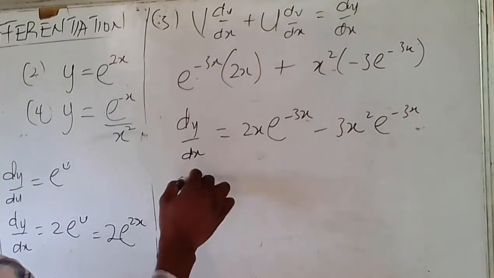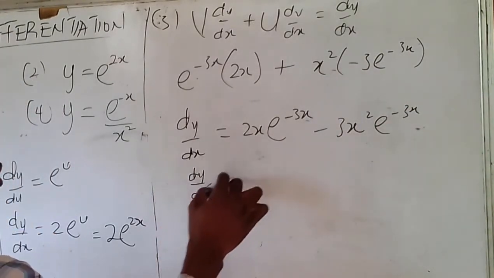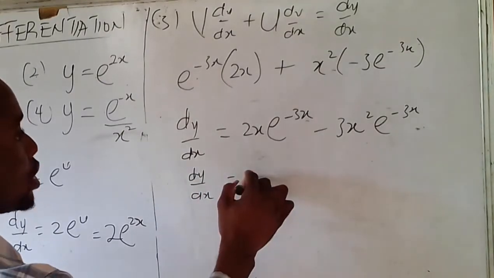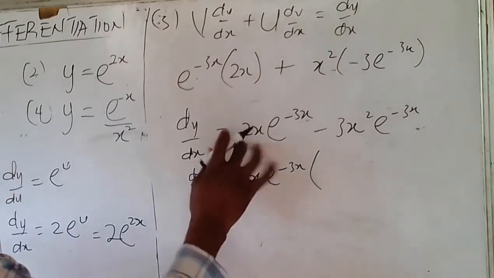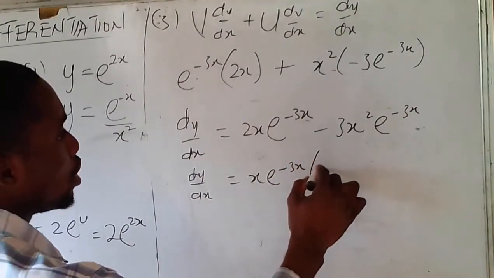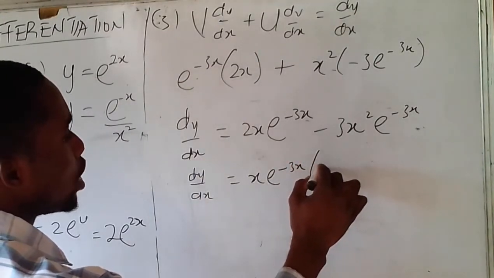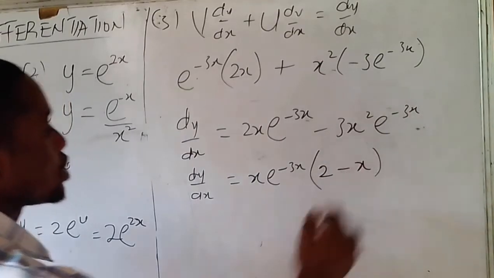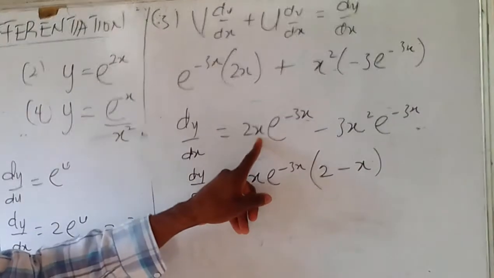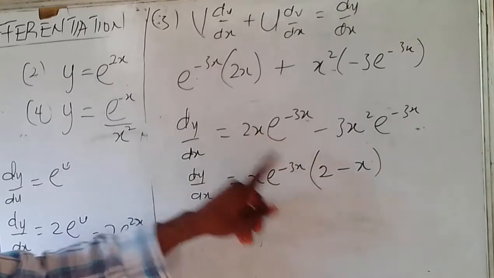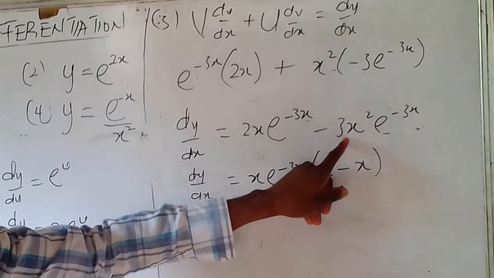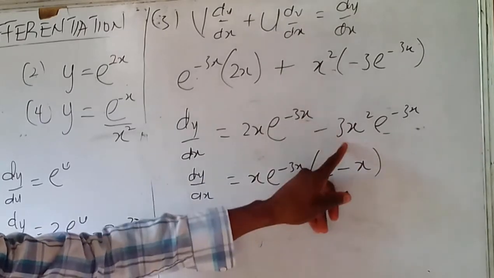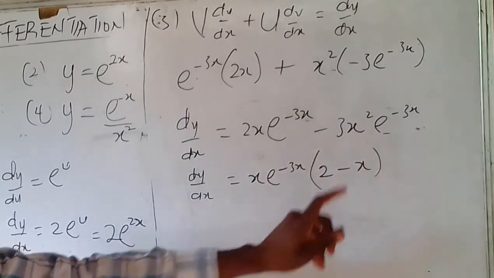In which case, dy/dx is equal to, you can bring x exponential minus 3x out, as something that is common. What remains? 2 minus, when you bring x exponential minus 3x out here, it means 2. You bring x exponential minus 3x out here, this is gone. This one, just one x is moved out of that.